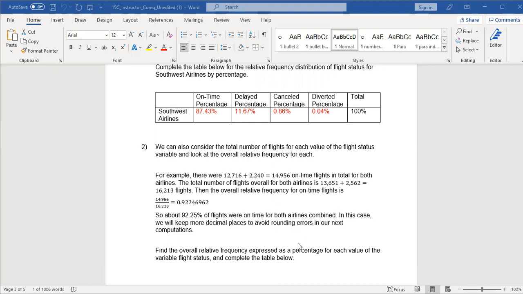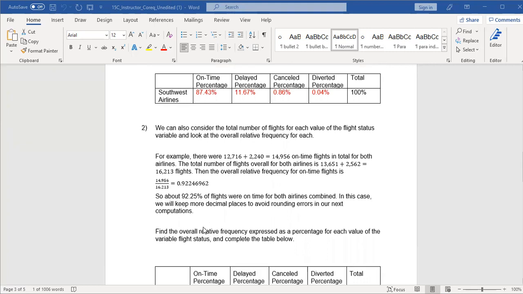In this case, we will keep more decimal places to avoid rounding errors in our next computations. So find the overall relative frequency, expressed as a percentage, for each value of the variable flight status and complete the table.